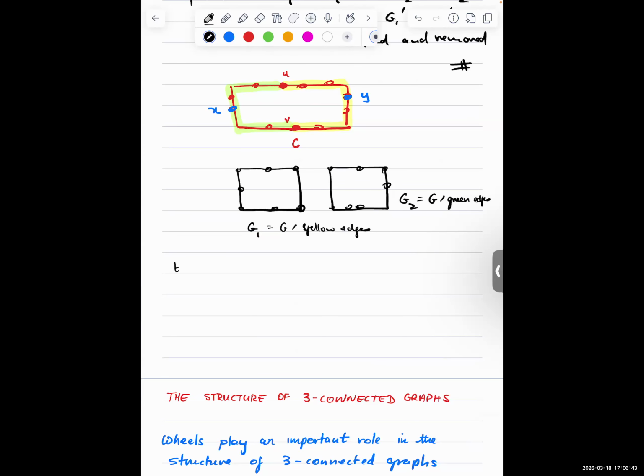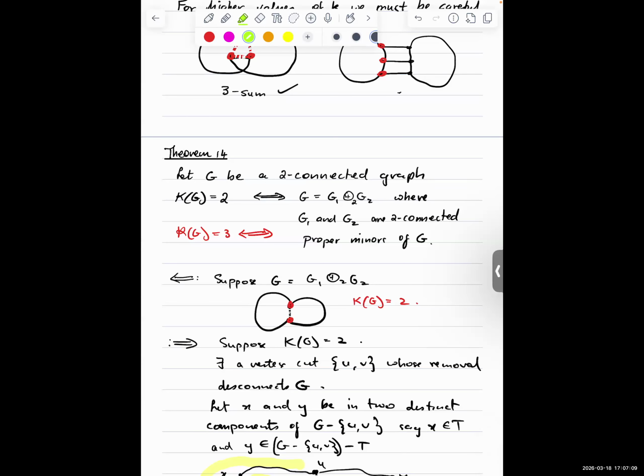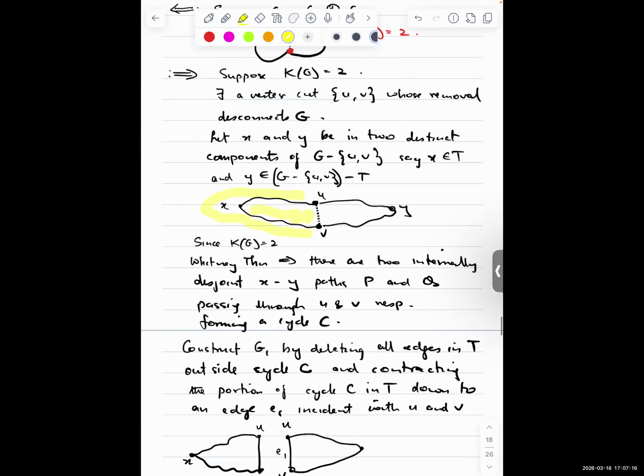So you can have, for example, this. But the proof relied on us having two components. So this is also kappa G equals 2, right? So the theorem states that it is two connected, and G1 and G2 are two connected proper minors.